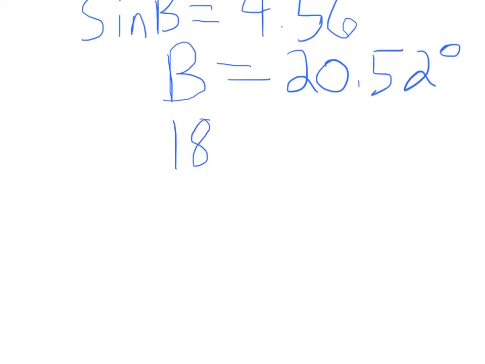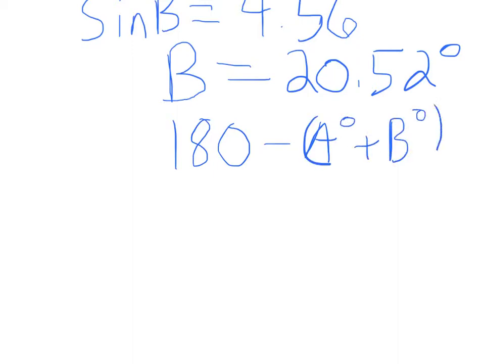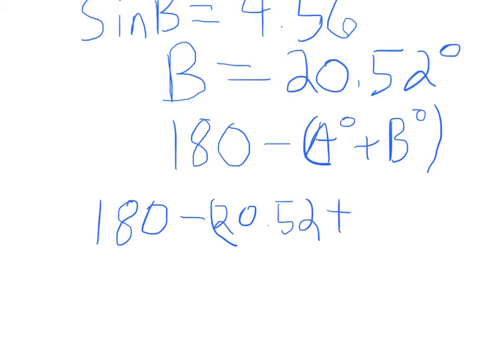180 minus A plus B. And when we do that, we get 180 minus 20.52 and 19 degrees.